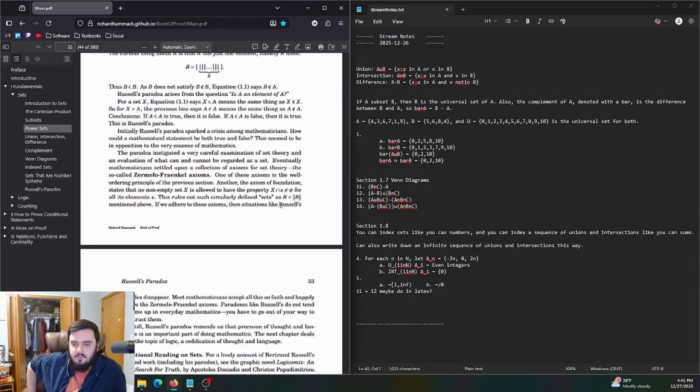Wait, no, that's not right. Wait, hold on. This is confusing me, because the one element that it has, it intersects with itself and it's empty. Isn't that the requirement? Oh, wait. Yeah, okay. B intersect B. Something in a set intersecting itself is the set itself. I see.